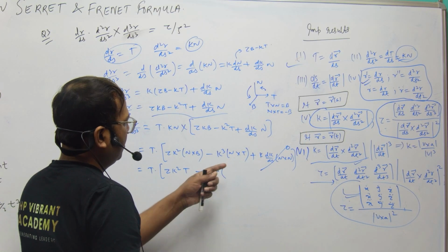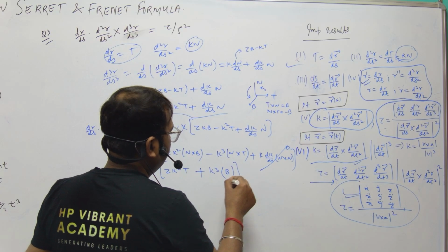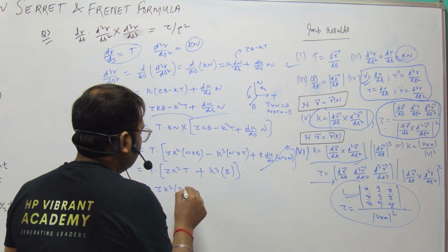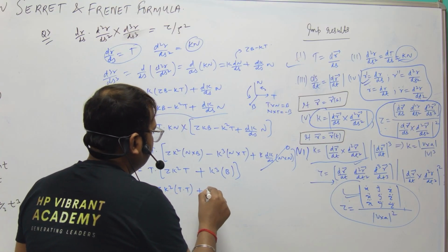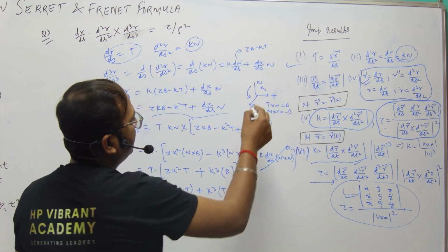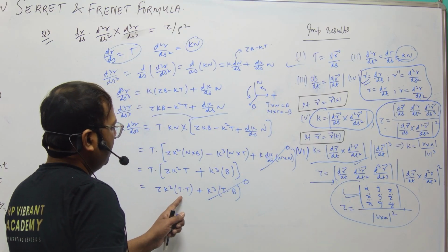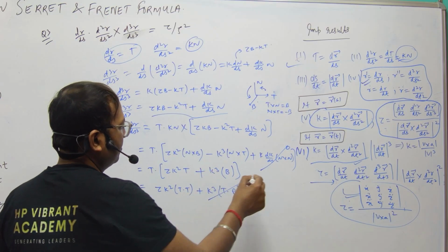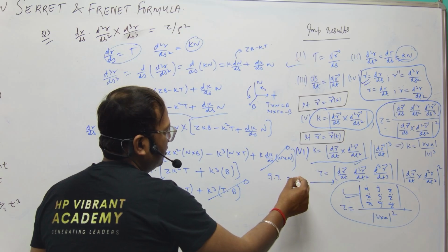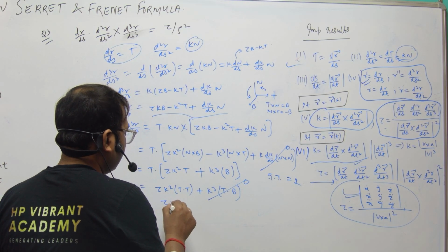This becomes tau k square t dot t plus k cube t dot b. T and b are perpendicular to each other, so their dot product is 0. The dot product of the same unit vector is 1, so t dot t is 1. This gives tau k square.